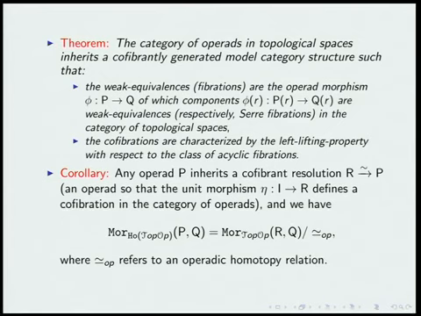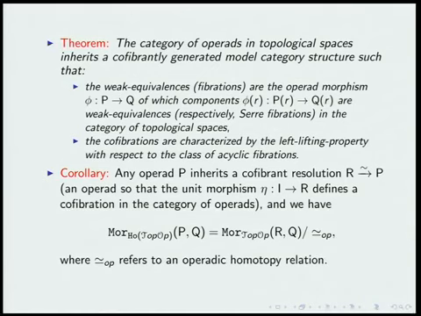To compute morphism sets in the derived category, you take a resolution of a source and maybe a resolution of a target, but in that case, not necessary. Explicitly, the morphisms of operads from P to Q in the homotopy category are homotopy classes of operad maps from R to Q. Here you have no chain, just operad morphisms going from R to Q, and you divide this morphism set by a suitable operadic homotopy relation.